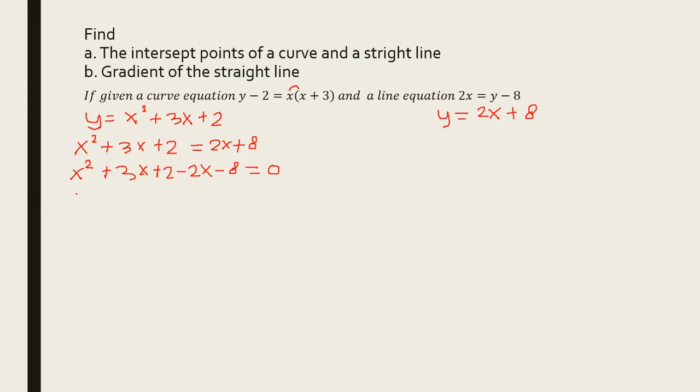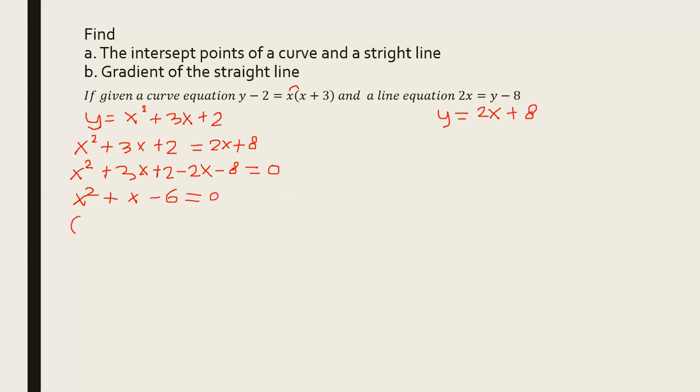And now we continue to find x. It is x squared plus 1x, I think, minus 6, because 3x minus 2x and 2 minus 8 is negative 6.